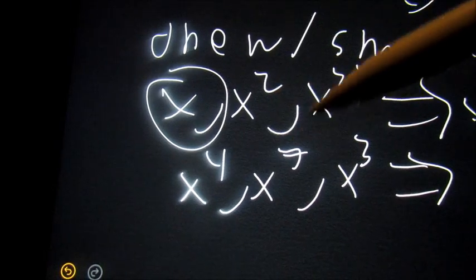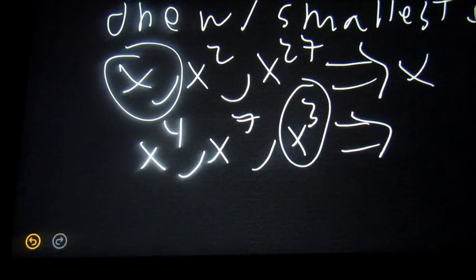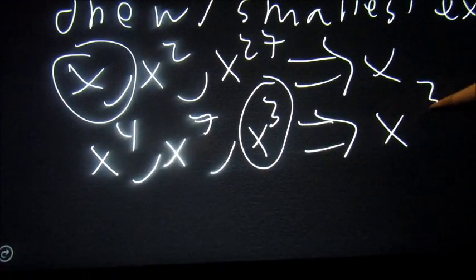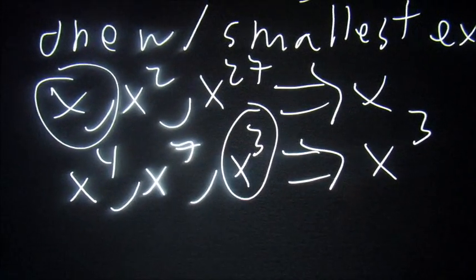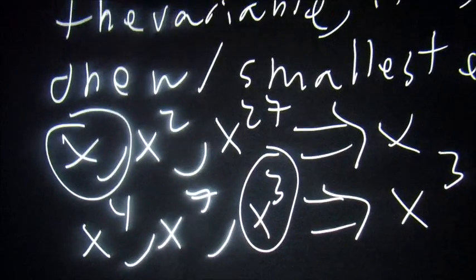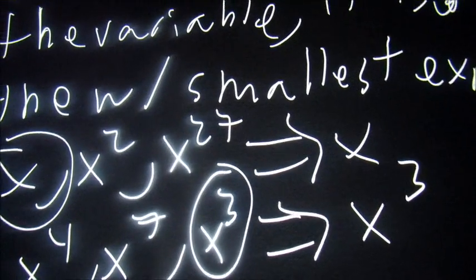We have a 4, a 7, and a 3. 3 is the smallest, so the greatest common factor of these is x to the 3. That's all you have to do when it's the variable part of it, is just look for the one that has the smallest exponent, but you do need to keep the variable and the exponent.